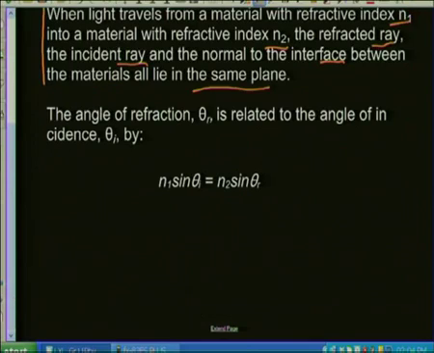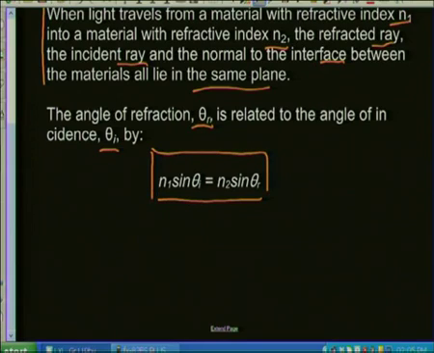But the second part of Snell's law is the calculation bit, and that's the part that we want to focus on today. It says the angle of refraction, theta r, is related to the angle of incidence, theta i, by this equation. And it's not a difficult equation.